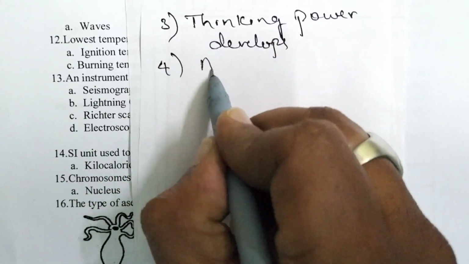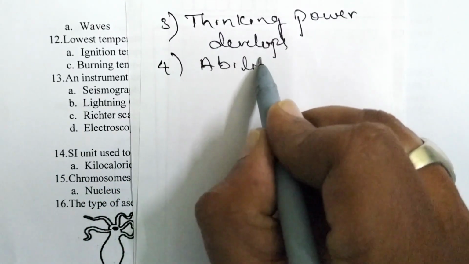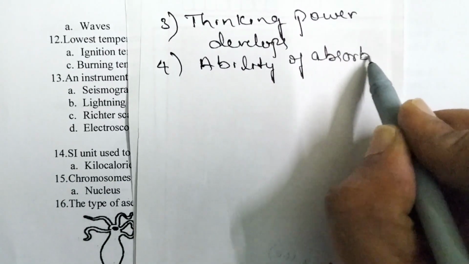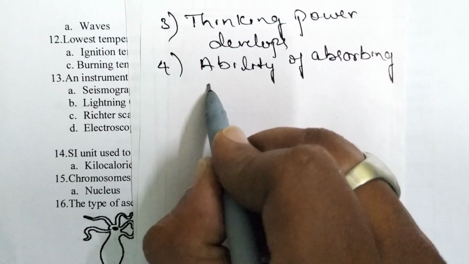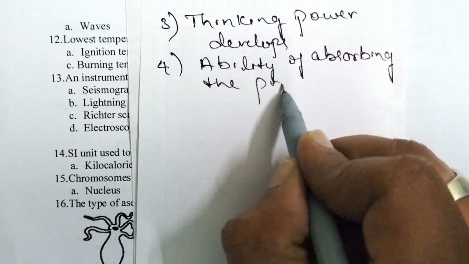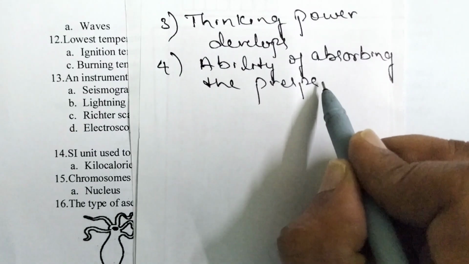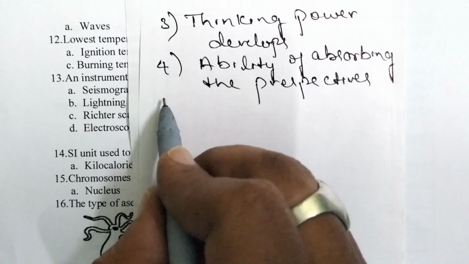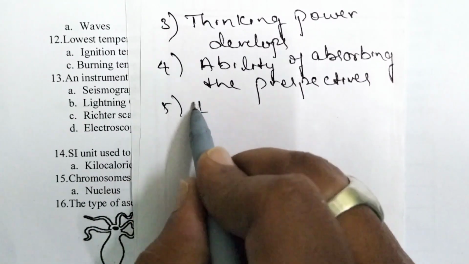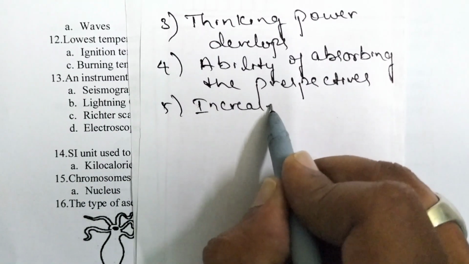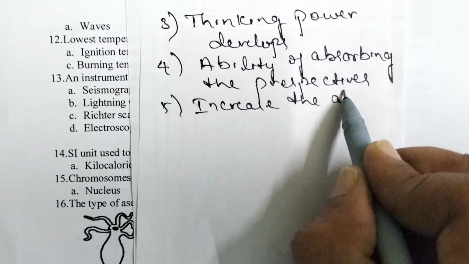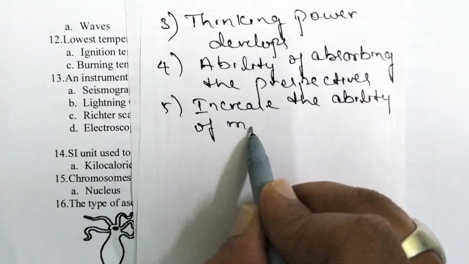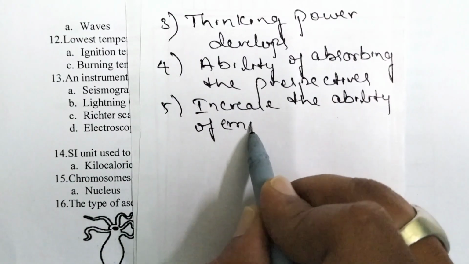Fourth point is the ability of absorbing perspectives. Then the fifth one is increase in the ability of emotions.